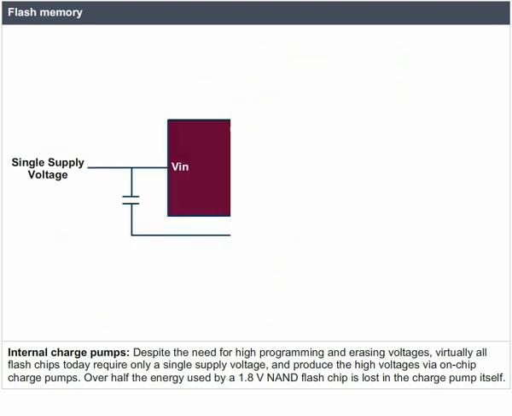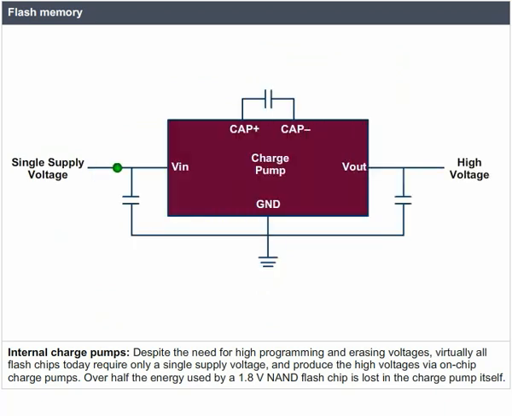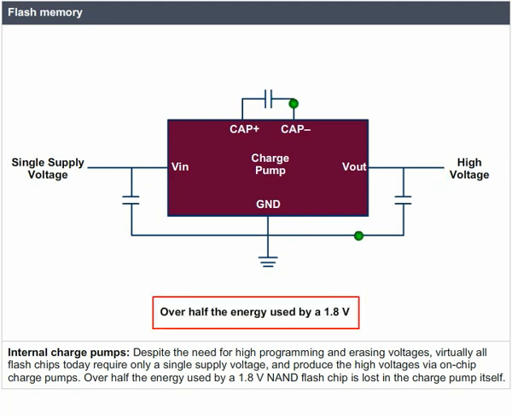Internal charge pumps. Despite the need for high programming and erasing voltages, virtually all flash chips today require only a single supply voltage and produce the high voltages via on-chip charge pumps. Over half the energy used by a 1.8 volt NAND flash chip is lost in the charge pump itself.